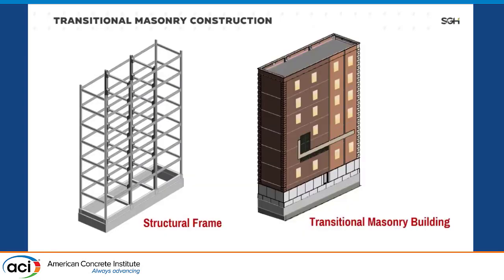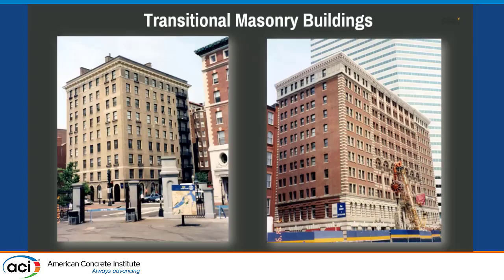This is a schematic of what a transitional masonry facade is. You see the structural frame, and then the masonry, which basically is encasing all the structural frame. These are two photos, two examples of two buildings, which you can find in many places.